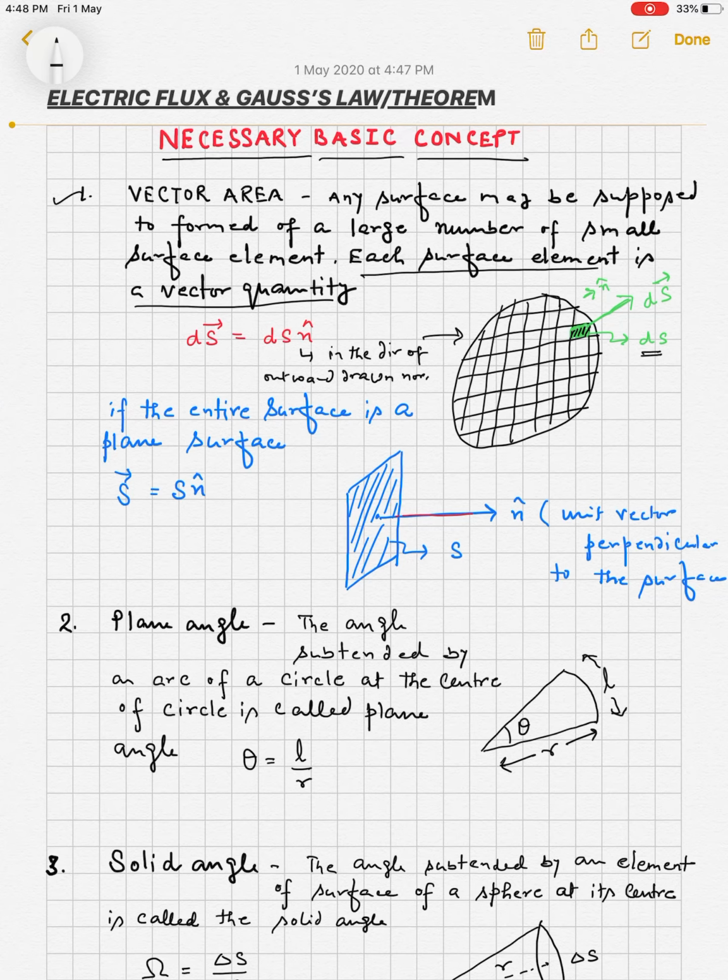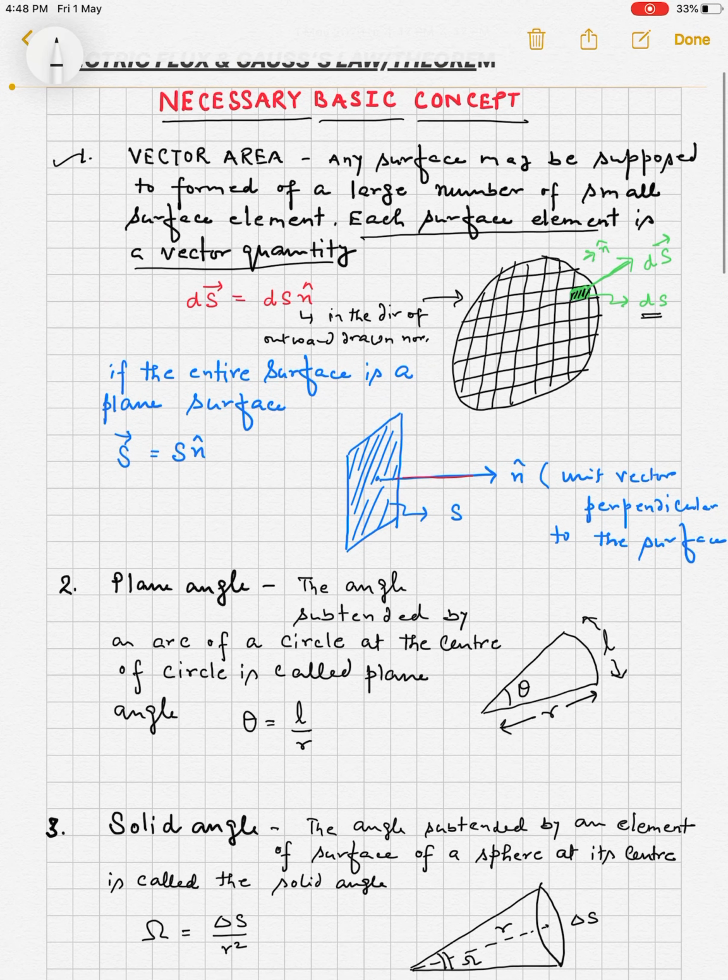When a surface is divided into a number of elements, if the entire surface is a plane surface, here is the entire surface, a plane surface whose area is S. The area of this plane surface is S, and the outward drawn normal is this unit vector n.